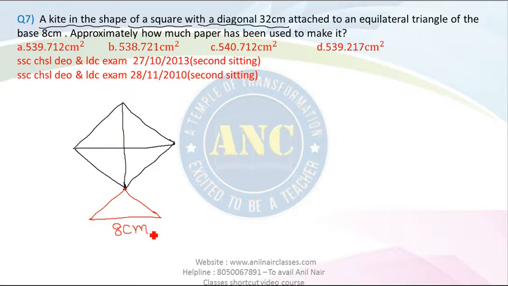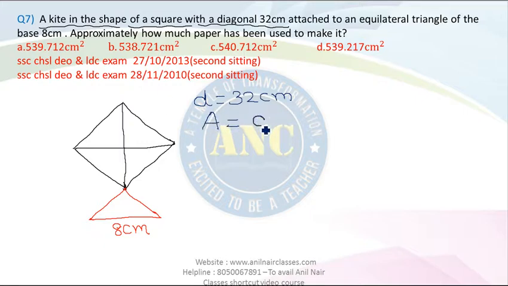Your question is approximately how much paper has been used to make that kite. Now, in simple language, find the area of this entire diagram is the question. That is the simple way of asking it. Now see here, sir. Can I say that diagonal of this square is given as 32 centimeters and I want to find the area of this square.